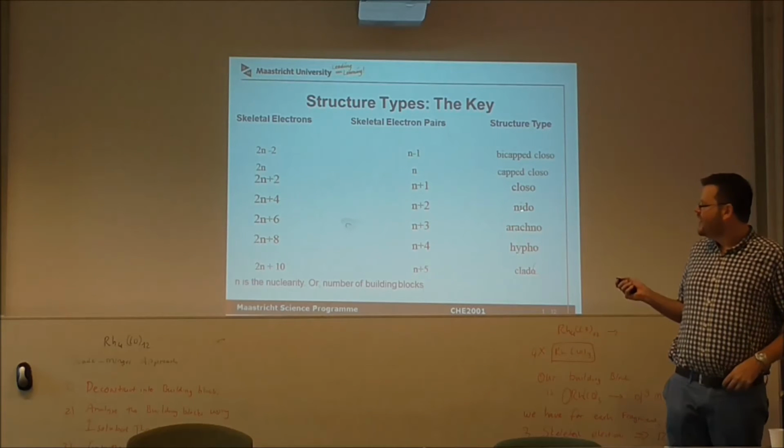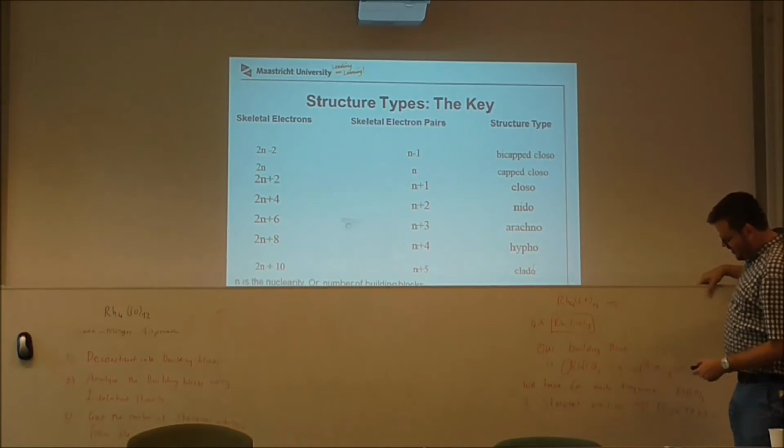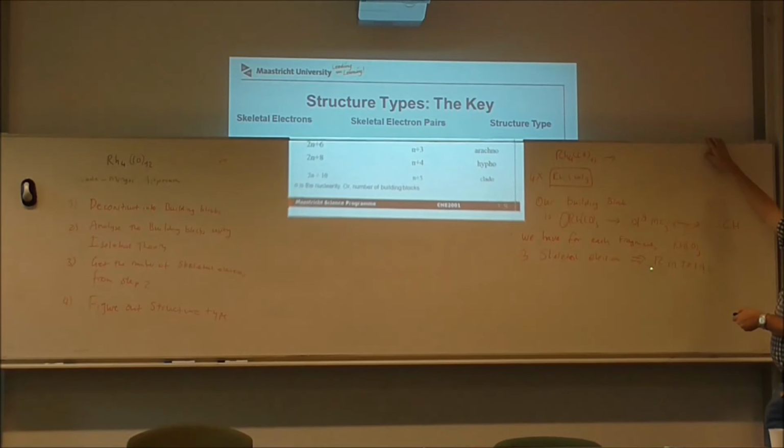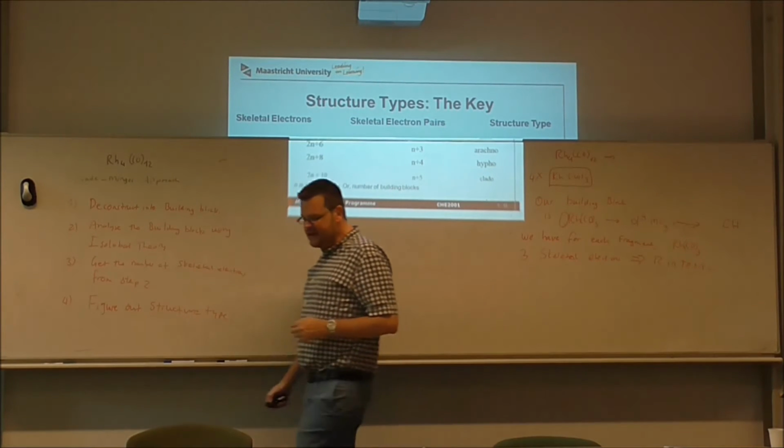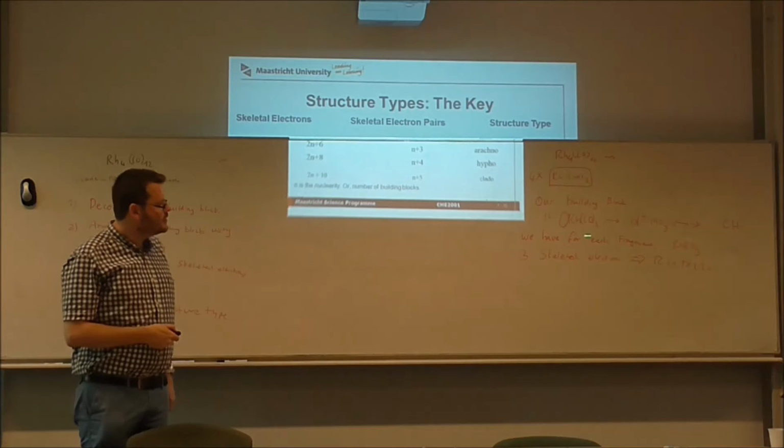Nido. Because remember, we have 12 electrons in total. Let's start from the beginning. There's the complex. Everyone pay close attention. We broke it down into 4 of these building blocks. Each of those building blocks is a d9ML3 fragment.